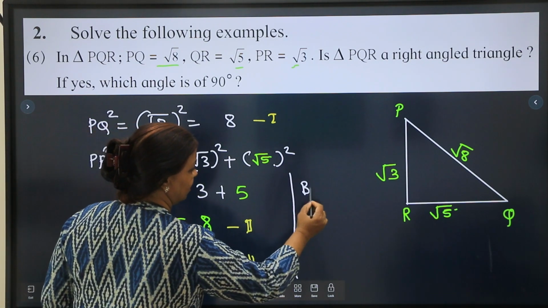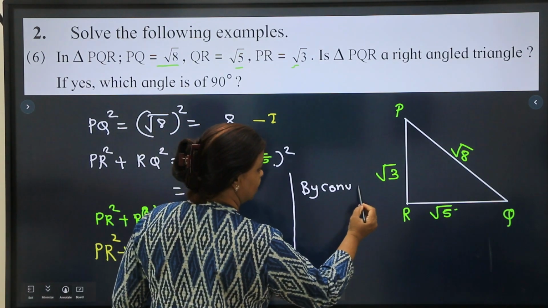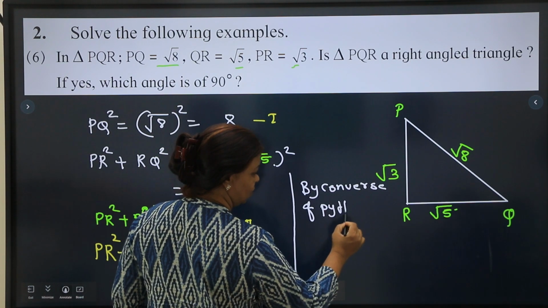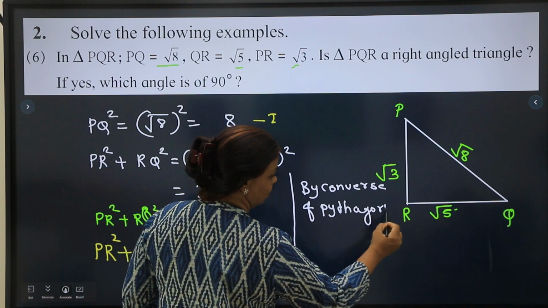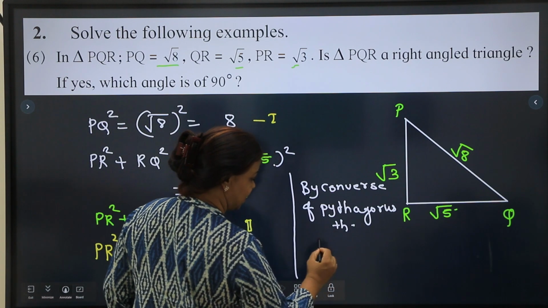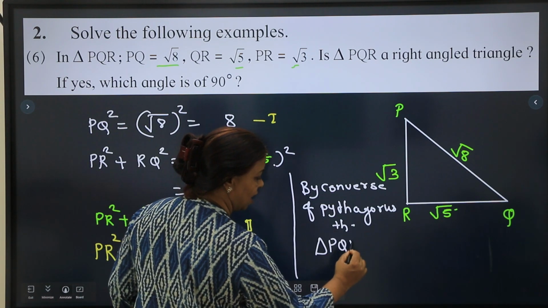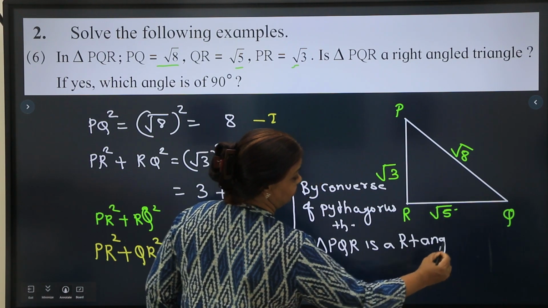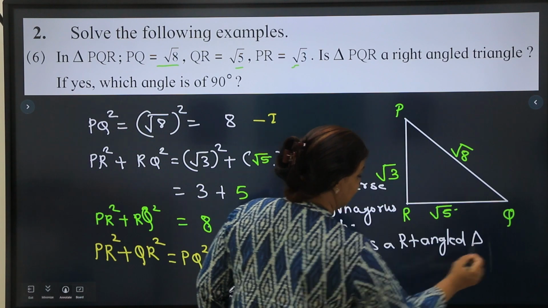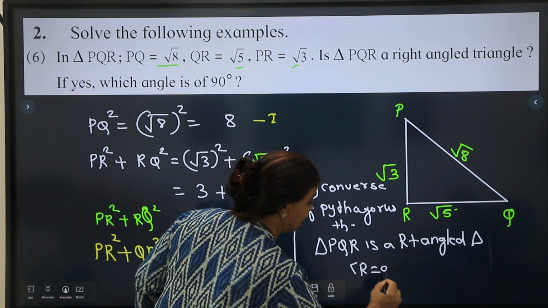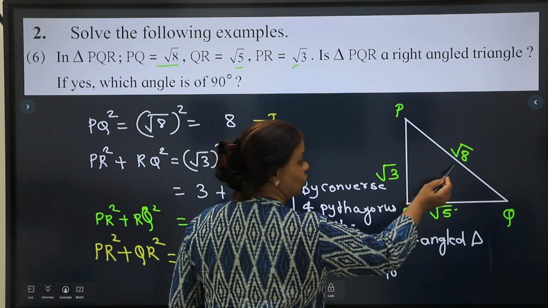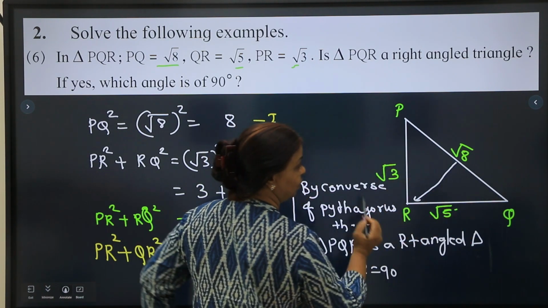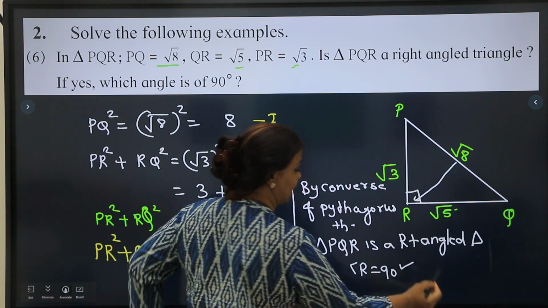Therefore, by converse of Pythagoras theorem, triangle PQR is a right angled triangle and angle R is equal to 90 degree. Why is angle R 90 degree? Because R is opposite to PQ, and therefore angle R is 90 degree.